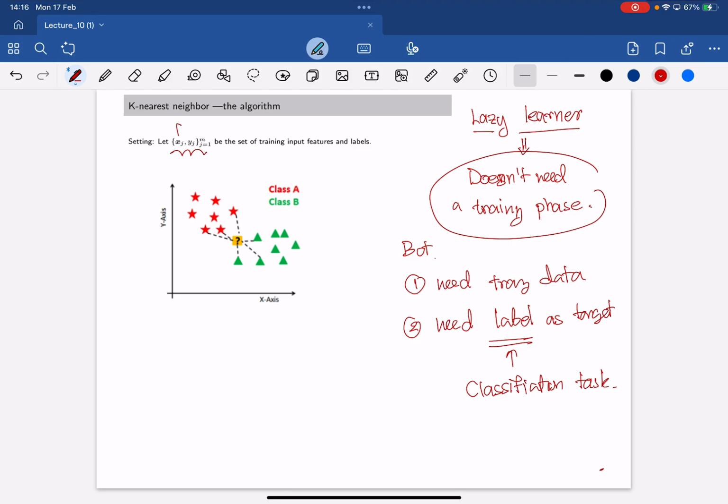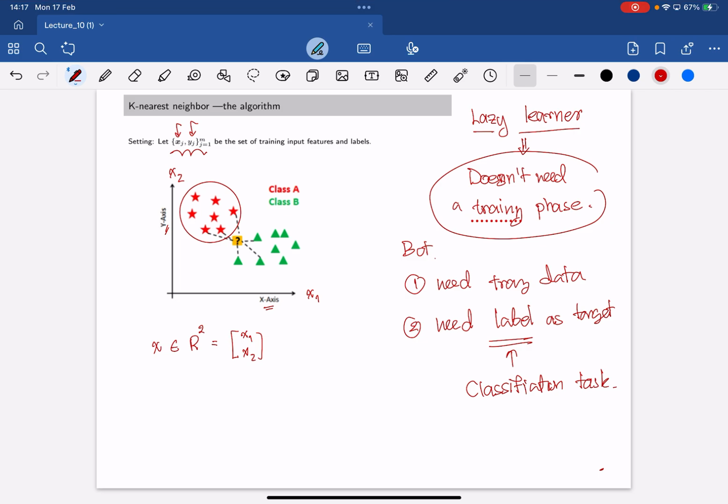Training input samples, like we have X input features and its associated label, that is Y. Let's say our X is two-dimensional, so you can write it as X1, X2, and then you use the X and Y axes to represent the values of X1 and X2, and then you do a scatter plot. You probably get something like the red dots here.